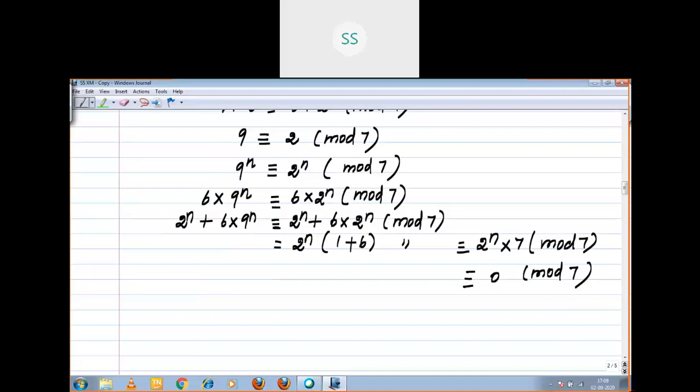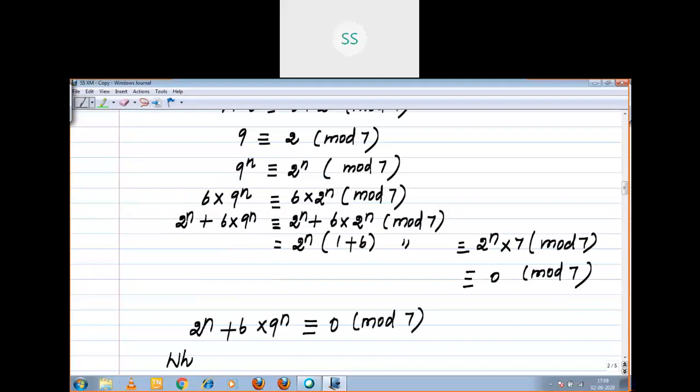Now, 2 power n plus 6 into 9 power n is congruent to 0 modulo 7. That is what they are expecting, that we arrive.